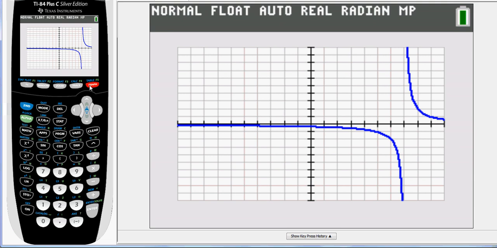Or not a horizontal asymptote, a vertical asymptote at 7. Okay, where x is 7, and that vertical asymptote will be right here that you can see, and I should have made that a dotted line, but that's my asymptote. My graph is approaching that line and never, ever, ever touching it.